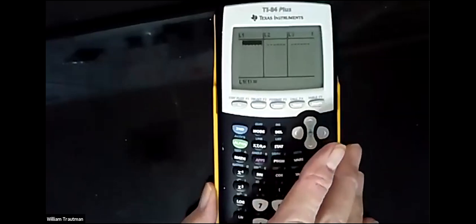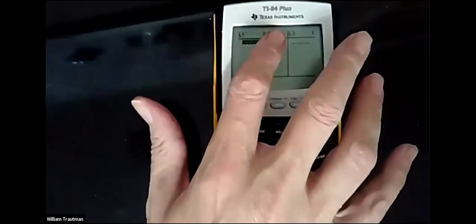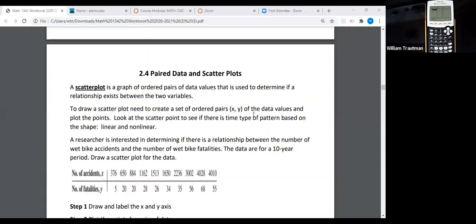All right, so we're going to enter all that data into list 1 for the X values, and the Y values in L2. So I can see the data, I'm going to go back to the web page, and it says 376 for the first one. You type it in and then hit enter.